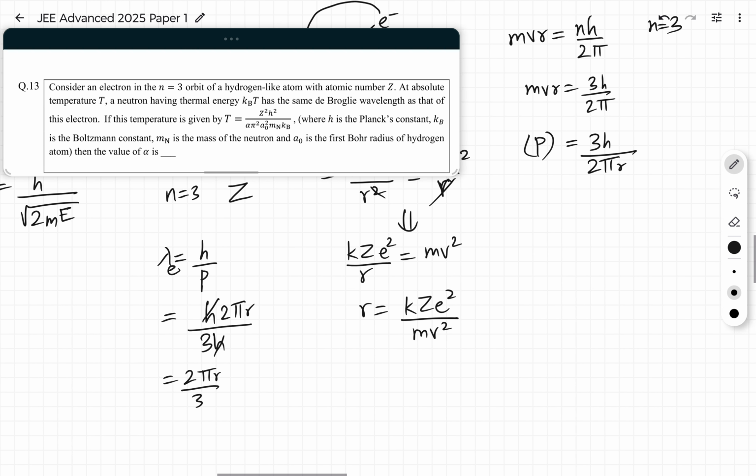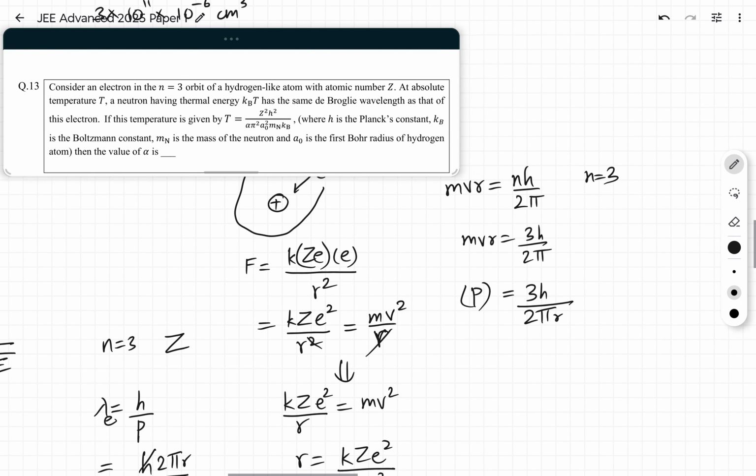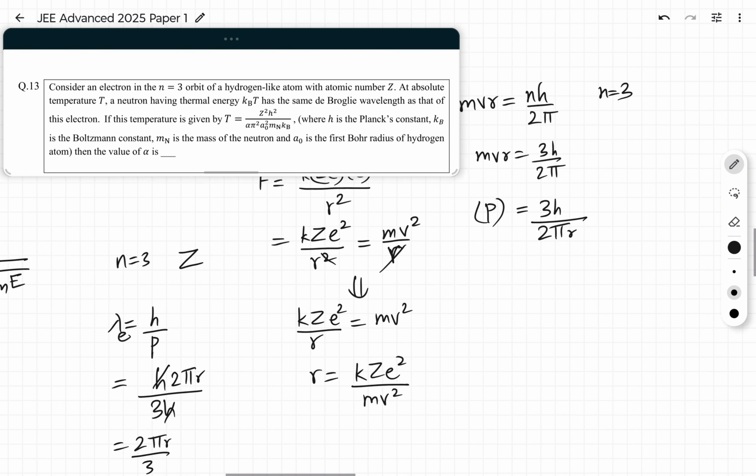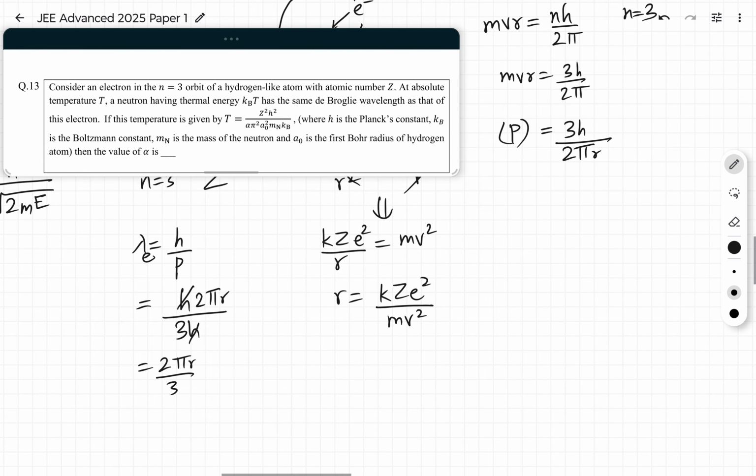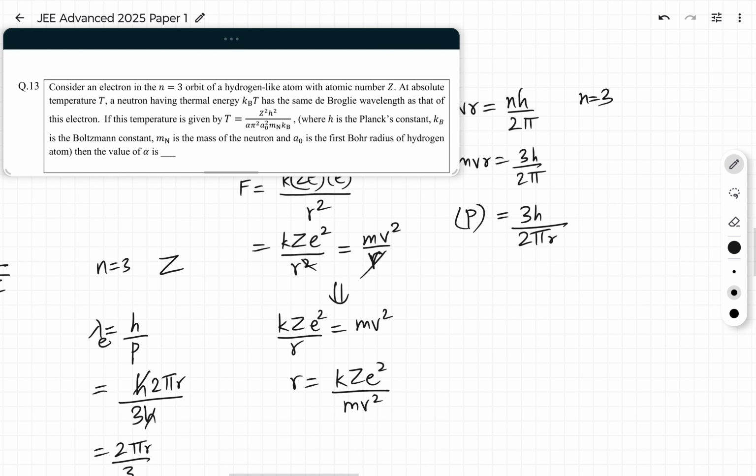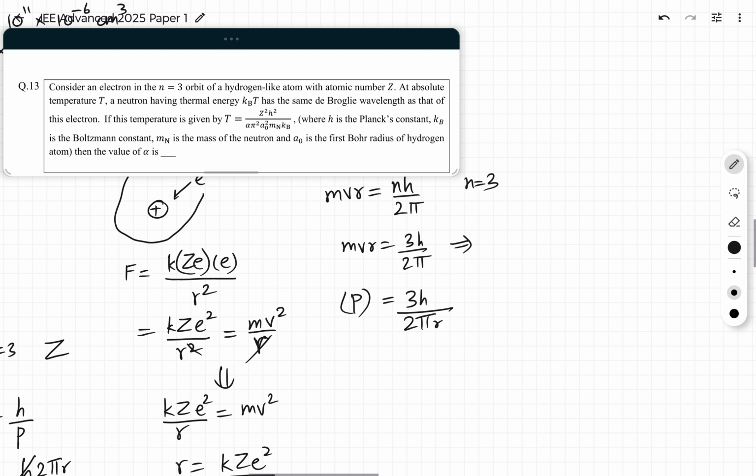So using Bohr's relation and the equation from classical physics, let's eliminate something. mvr equals 3h by 2 pi, which means let's get v as 3h by 2 pi m r.